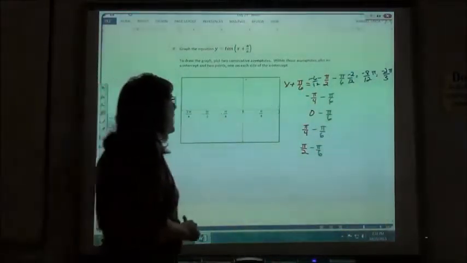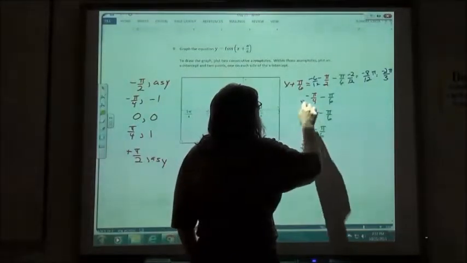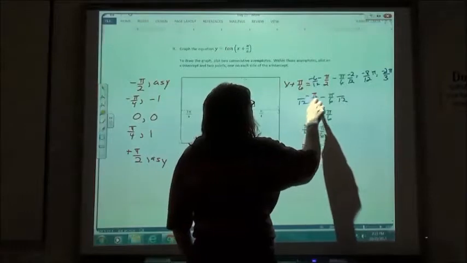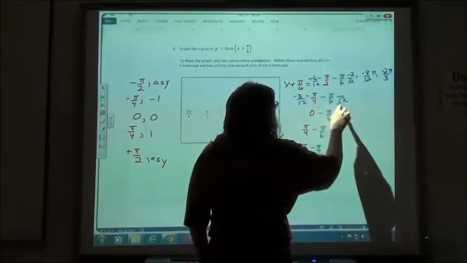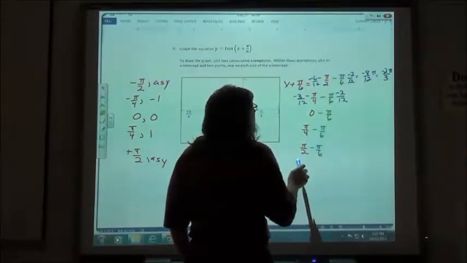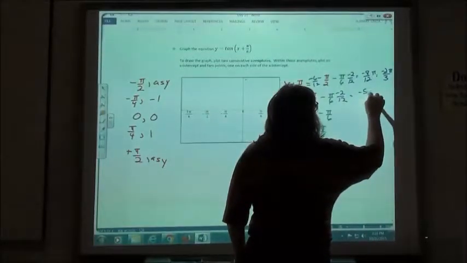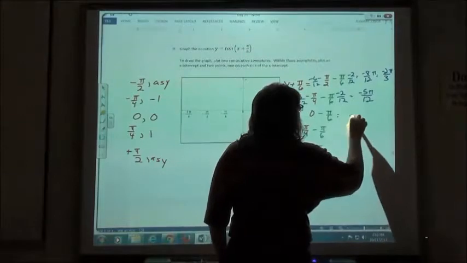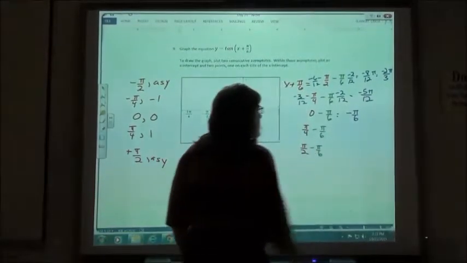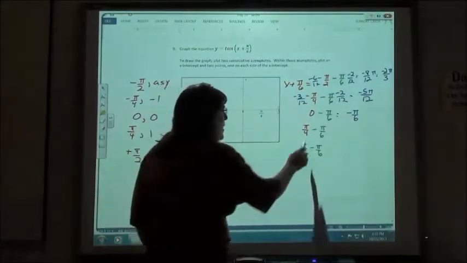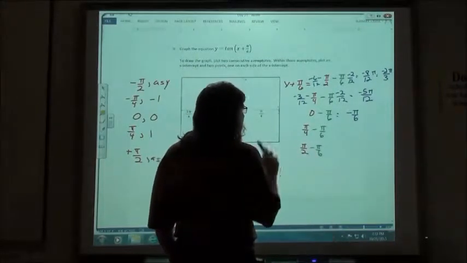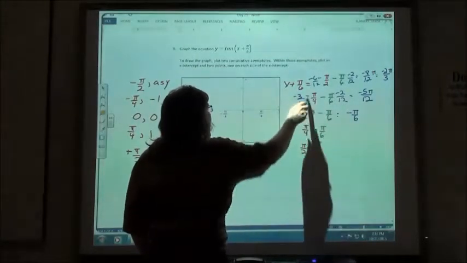On the other one, again, I would have a common denominator of 12. 4 goes into 12 3 times. 6 goes into 12 2 times. So I'm going to get negative 5 pi over 12. Here I'm just going to have negative pi over 6. Here I've got a positive pi over 4. I thought I had the same thing up there, but that had a negative.